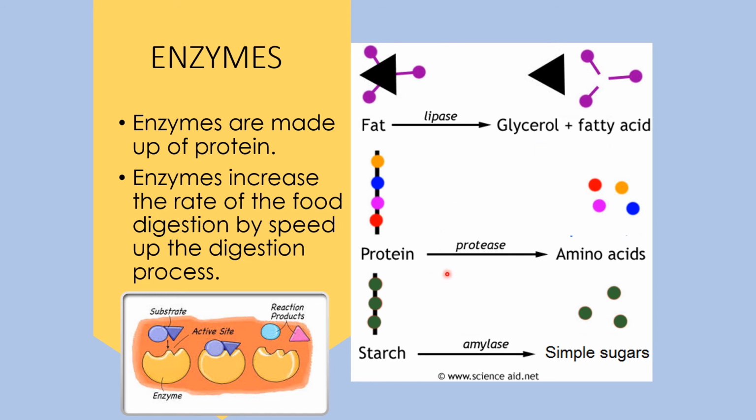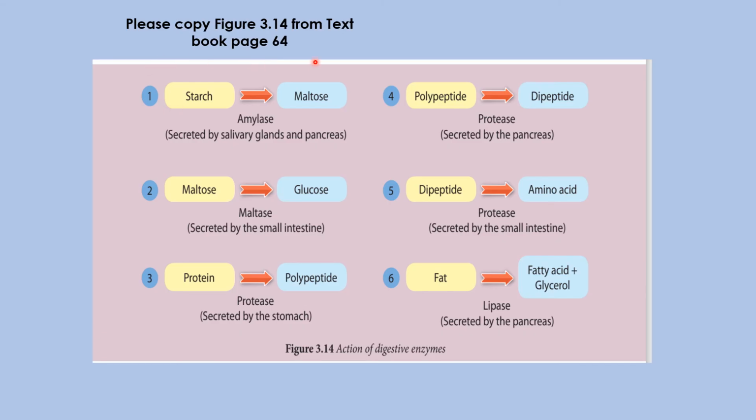For protein, the enzyme is protease, which converts protein into amino acids. For starch or carbohydrate, the enzyme involved is amylase, which converts it into simple sugars. Now refer to your textbook, page 64. I want you to copy figure 3.14 in your notebook.